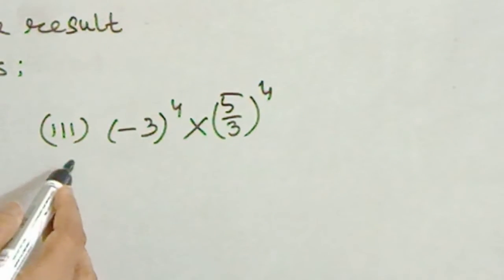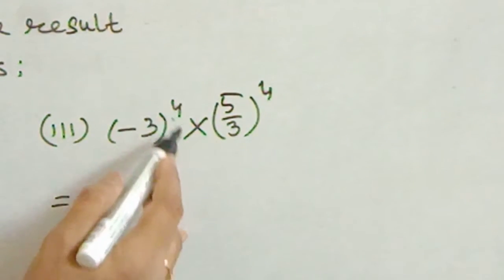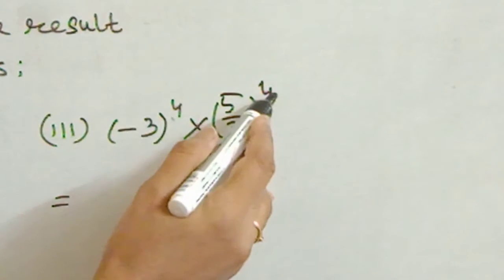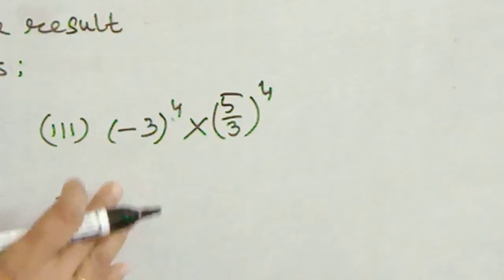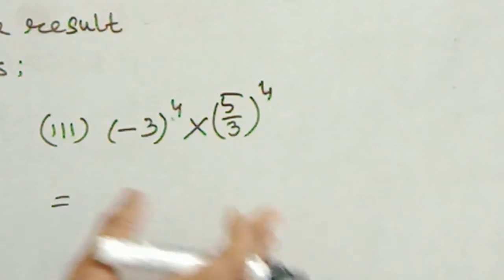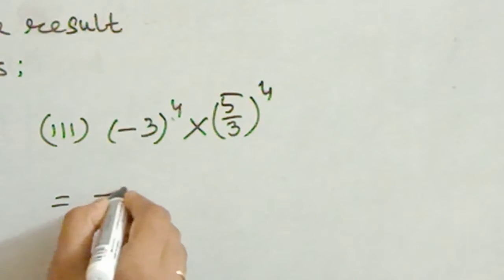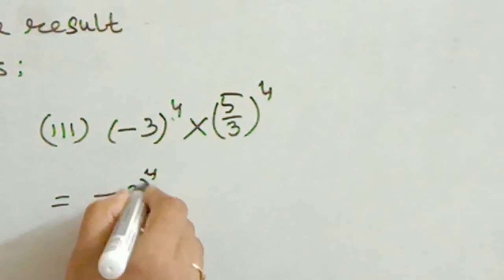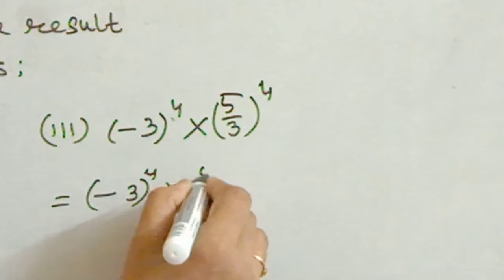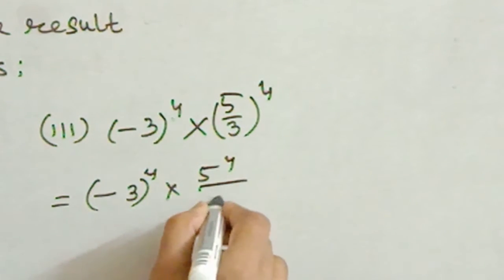Next sum is question number 3, (-3) to the power 4 into (5/3) to the power 4. Here the bases are not the same, so we will evaluate only. (-3) to the power 4 into 5 to the power 4 by 3 to the power 4.